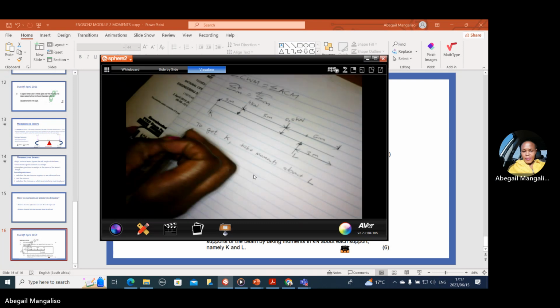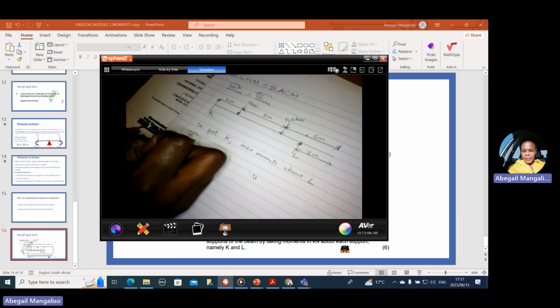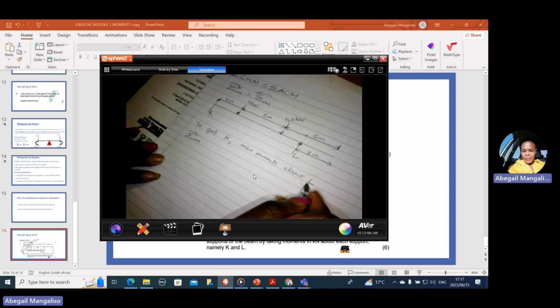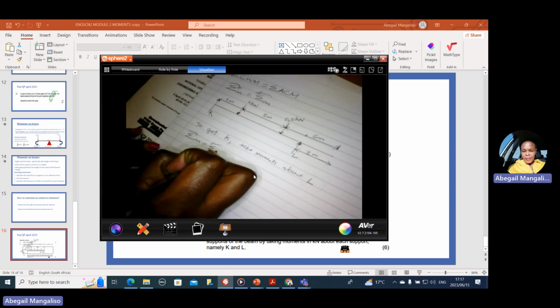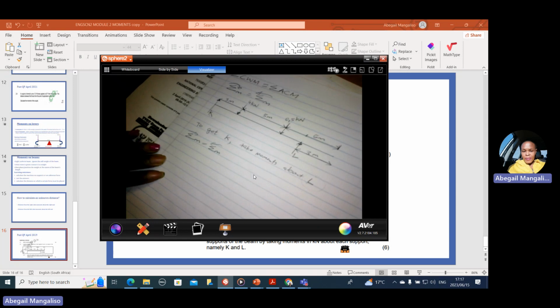Now, the sum of the clockwise moments about what we have fixed, which is L, will be equal to the sum of the anti-clockwise moments about the same point. So when taking moments about L, you check what rotates this structure clockwise.